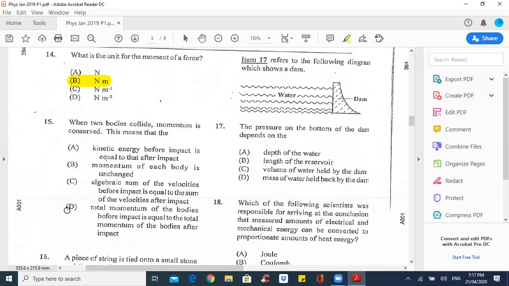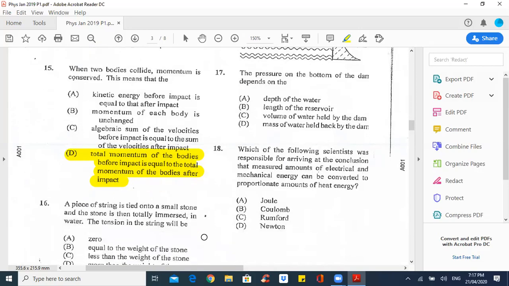This means that the total momentum before collision must be equal to the total momentum after collision, and that's number D. Good, so that's D for that. Total momentum of the bodies before impact is equal to the total momentum of the bodies after the impact.